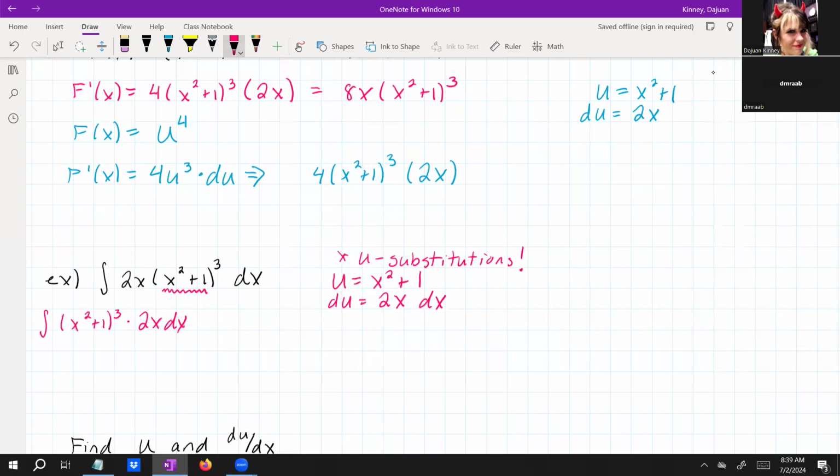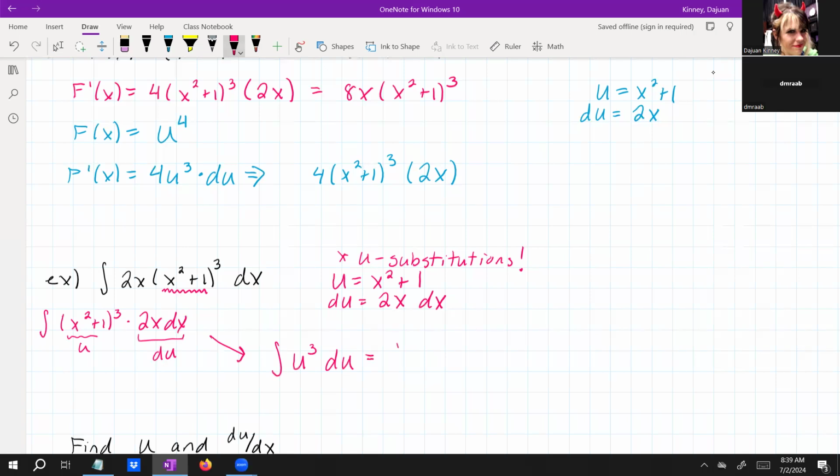Okay, now I have my u, and this is my du. So I never say equals because technically it doesn't. U cubed du. Oh, we know how to take the antiderivative of that.